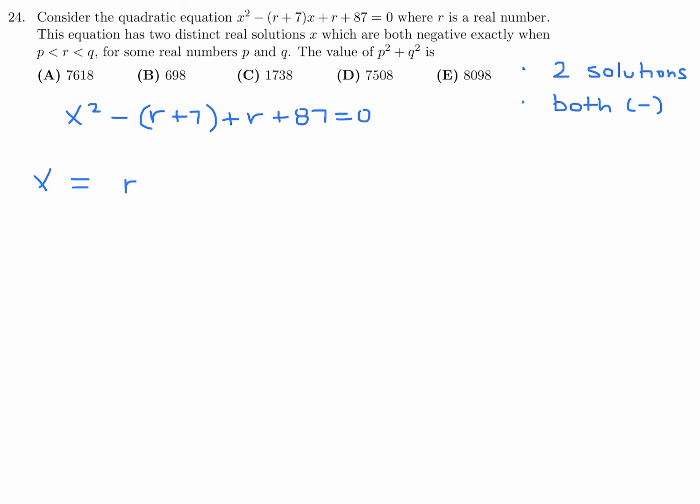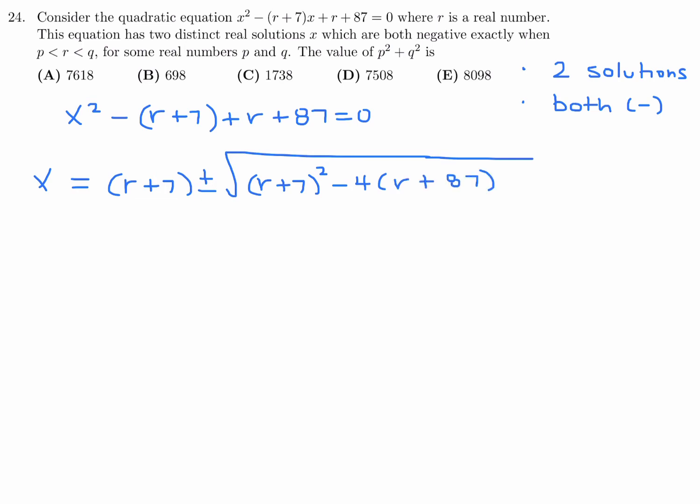So that would be −b plus or minus the square root of b² − 4ac, where b is −(r + 7), a is 1 and c is r + 87, and that's all over 2a, but a is 1.